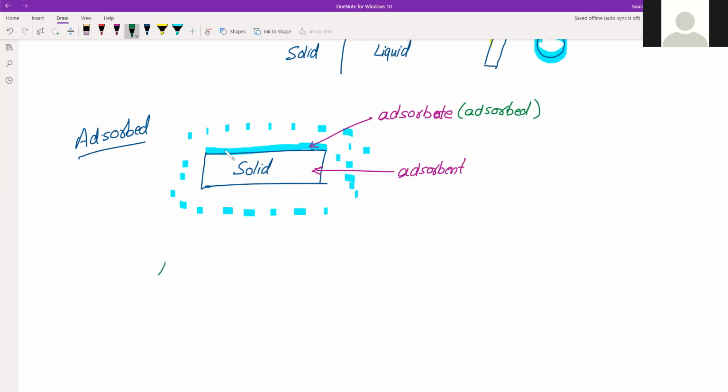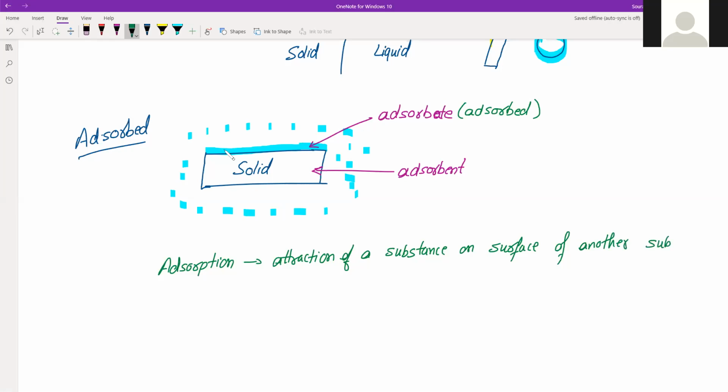So adsorption is attraction of a substance on the surface of another substance, right?